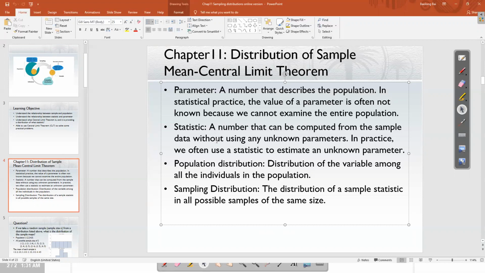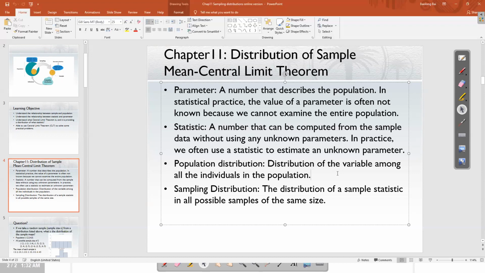The key word is basically, I want you to understand what a sampling distribution is, because the title is sampling distribution of sample mean, right? Population distribution is a distribution of the variable among all the individuals in the population. So that's the general population distribution we talked about.